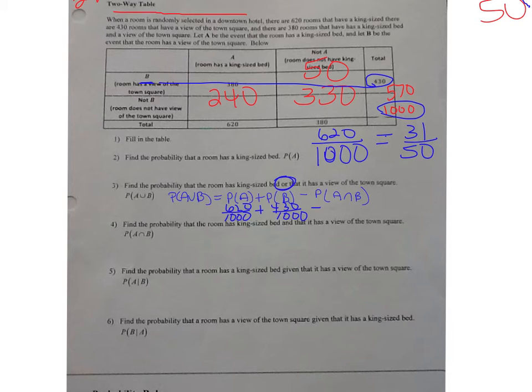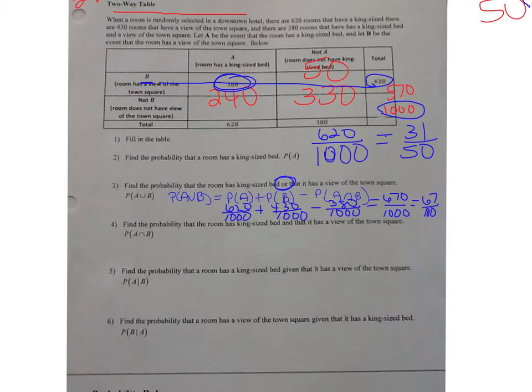So that would be the probability that you have a king-size bed and a view of the town square. That's right here, 380 over 1,000. You can plug that in your calculator. You get 670 over 1,000 or 67 over 100.